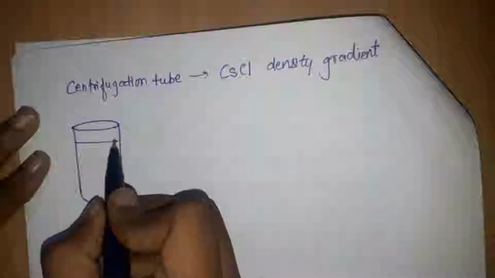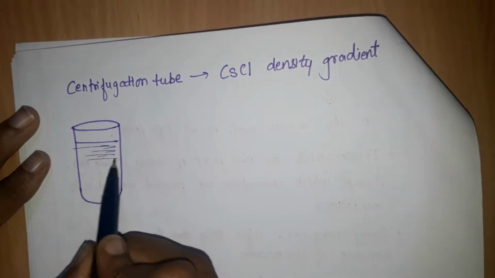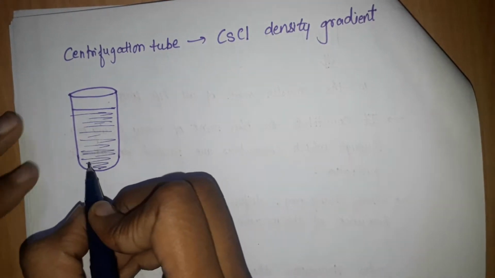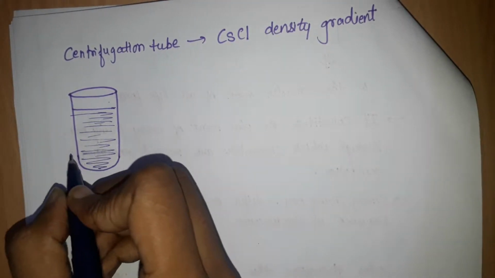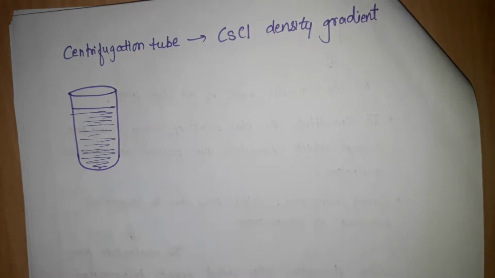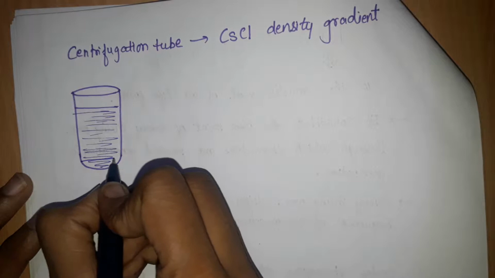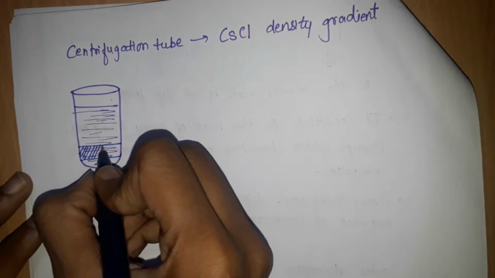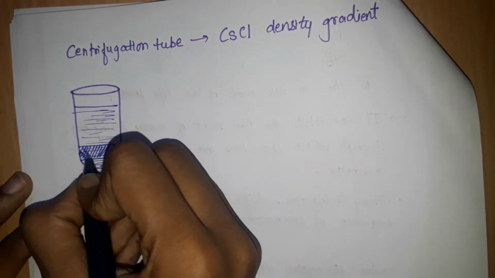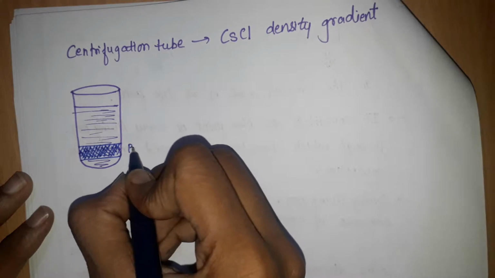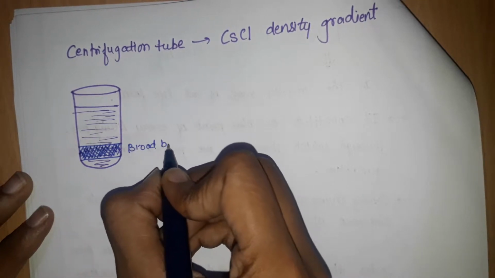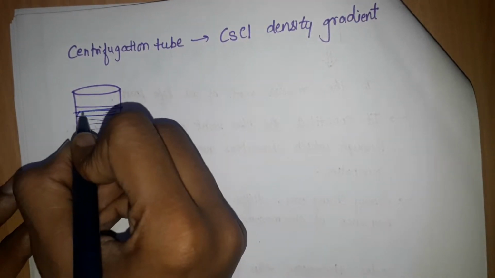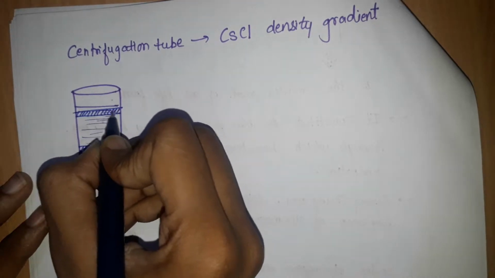In this, cesium chloride is there. In this tube, we are getting two bands. The one is at the bottom of the tube. This is the broad band, and we are getting another band at the top of the test tube.